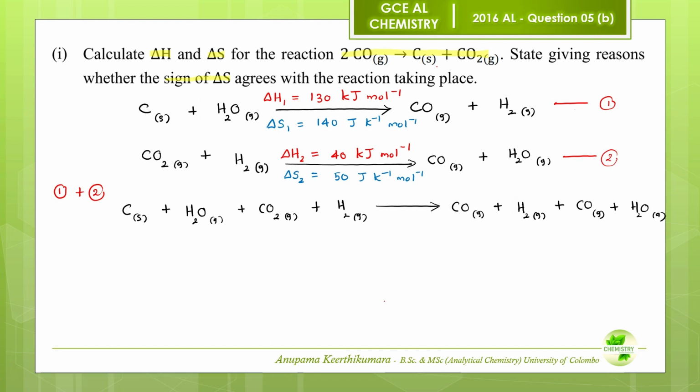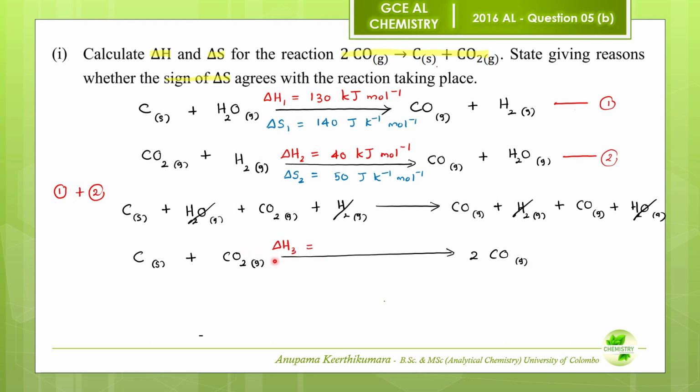Now H2O gas you can cancel out as well as H2 gas. Then we can write the same equation. Carbon solid plus CO2 gas produce 2 carbon monoxide gas.